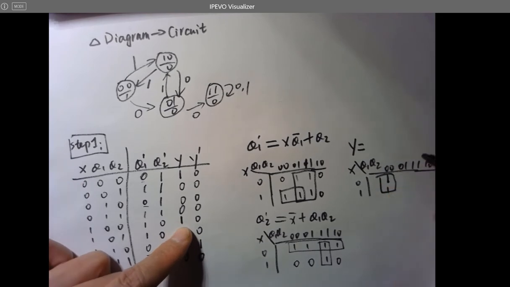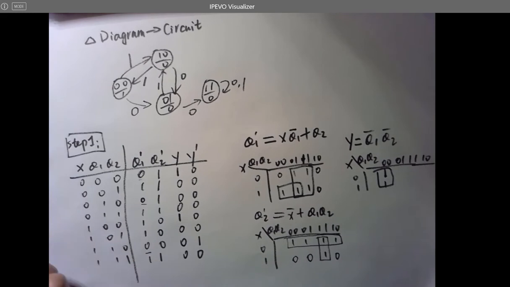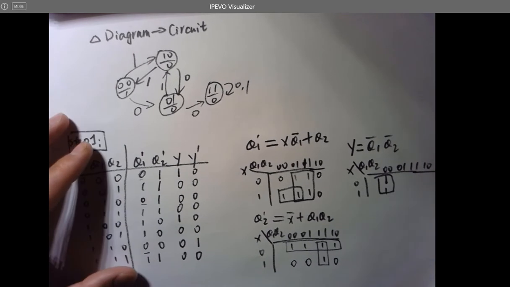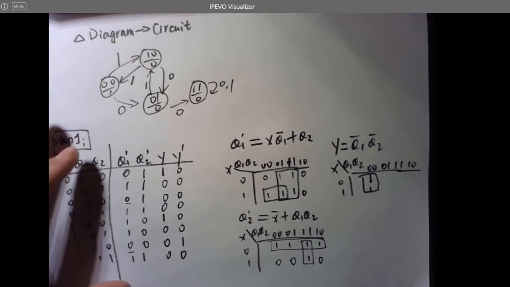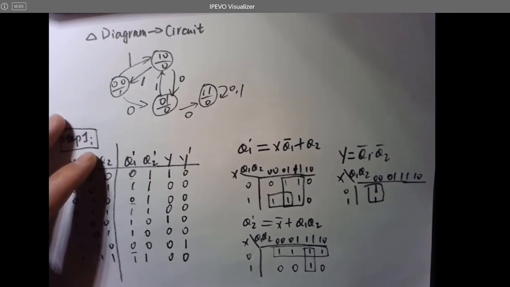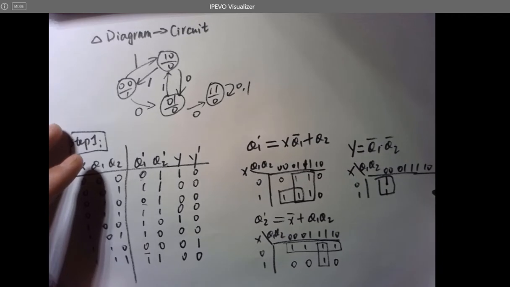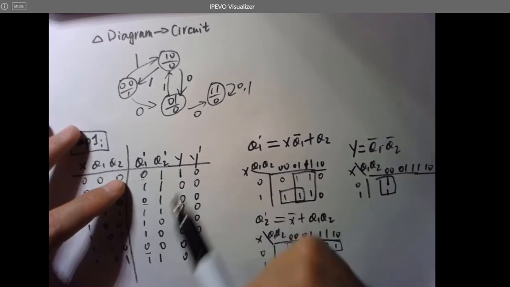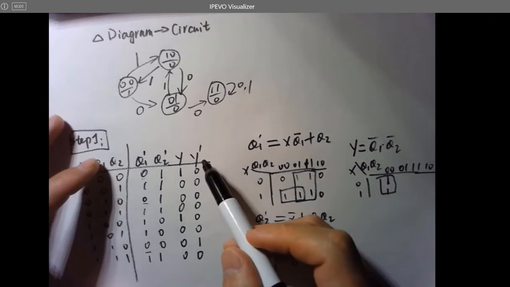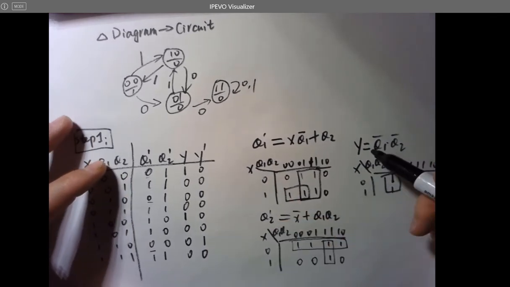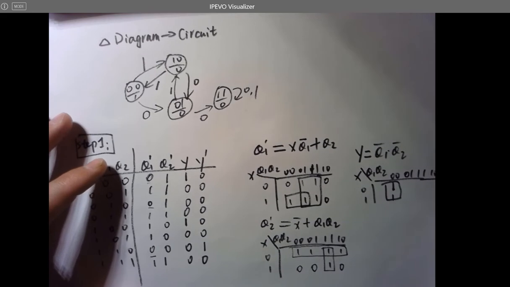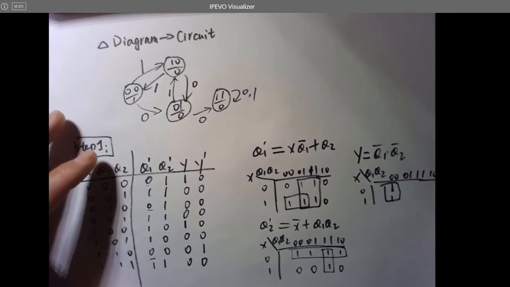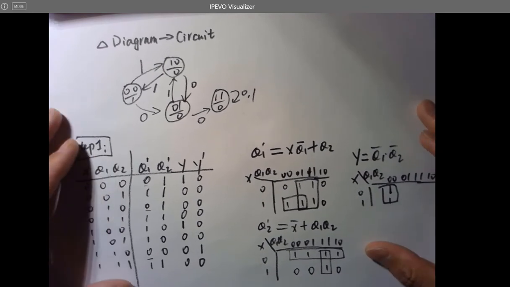So group them, and you're getting Q1 not, Q2 not. Be careful, this is not Q1 Q2 negated. This is Q1 not and Q2 not. Do we need a Y prime over here? We don't, because after we get Y and all the Qs, we can do a D flip-flop circuit. We're done. So let's try to draw it.